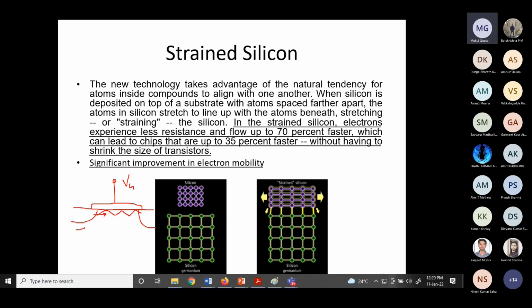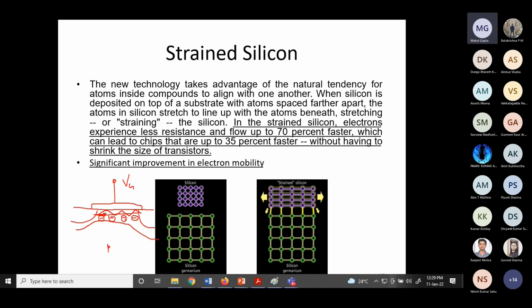Now if they move like this, there are a couple of things. One is that this is a very tiny channel. And if it is a p-type substrate, there are immobile ions here. So the electrons, when they move from source to drain, will interact with these immobile ions, which are sitting just underneath the channel.